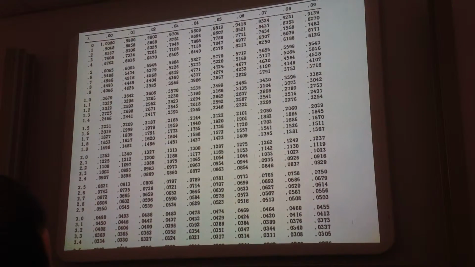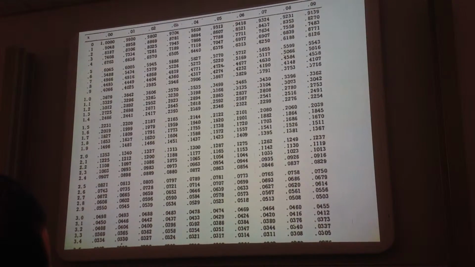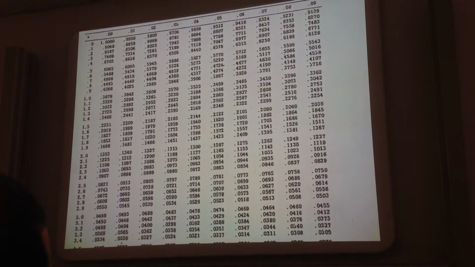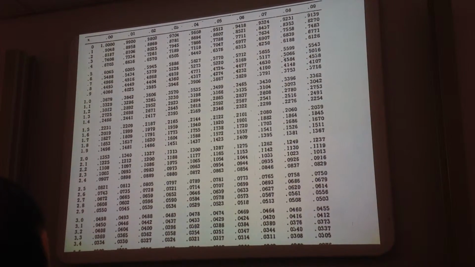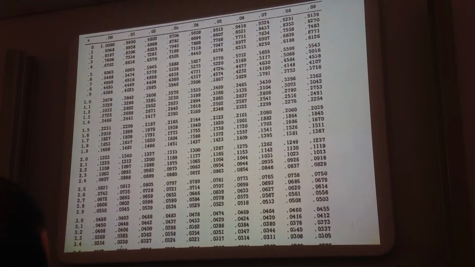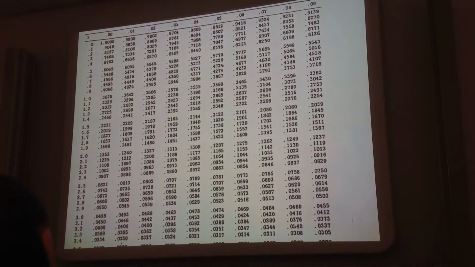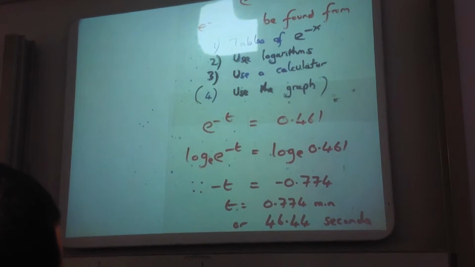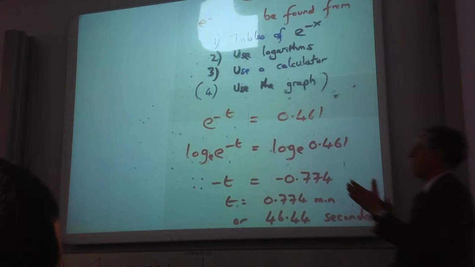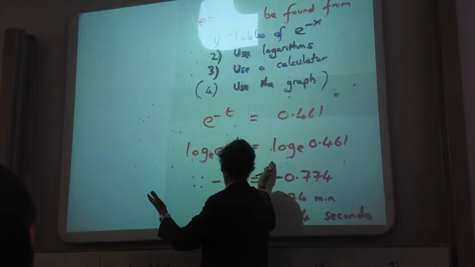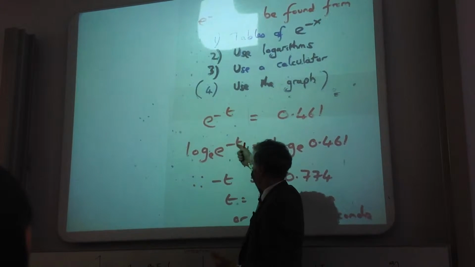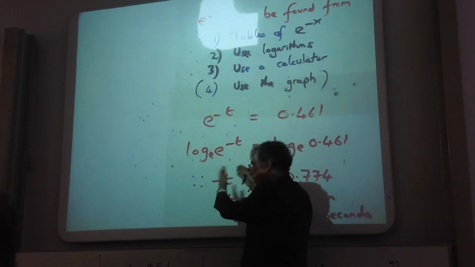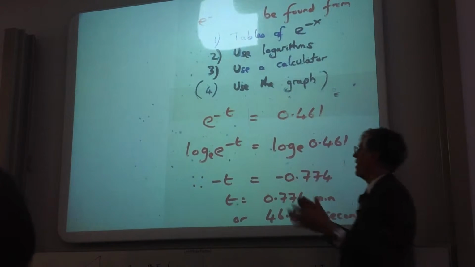Now, the other way of doing it, which is probably slightly easier, but it depends on your own point of view, I suppose, is to use logarithms. And if we use logarithms, you don't worry too much about this, but we would take logs of both sides to the base e. Now log to the base e of e to the minus t is minus t, okay, you have to accept that that is the case.